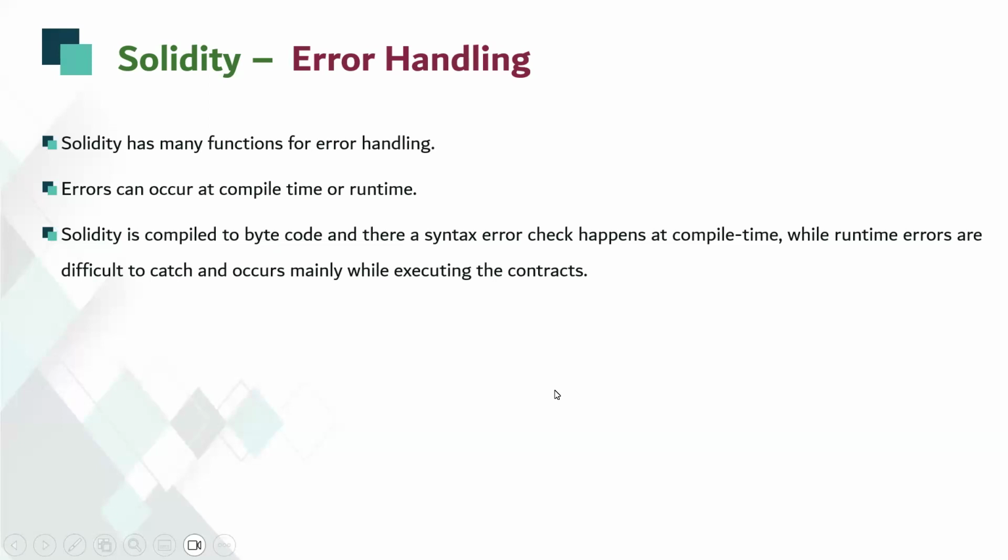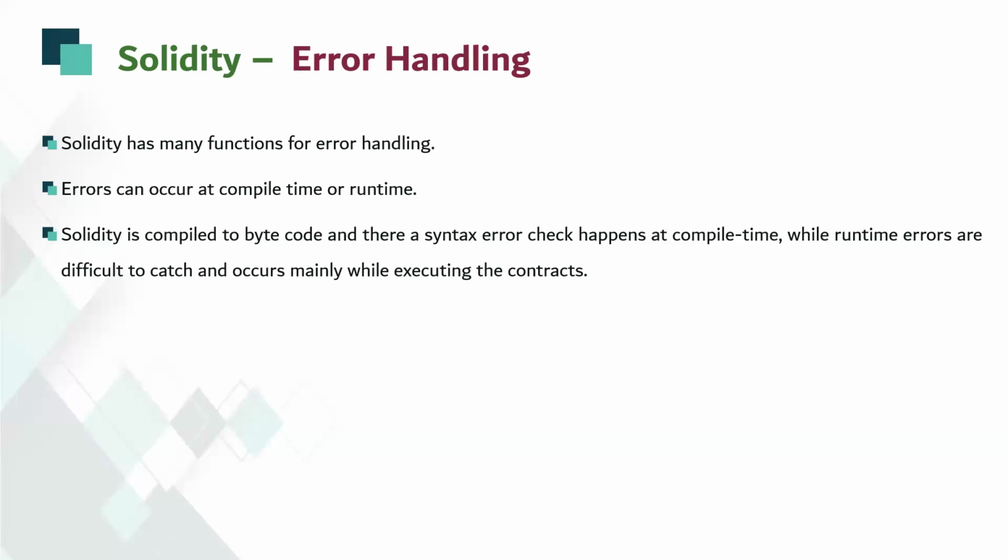Some of the runtime errors are out of gas error, data type overflow error, divided by zero error, array out of index error, and so on. Until version 4.10, a single throw statement was there in Solidity to handle errors.